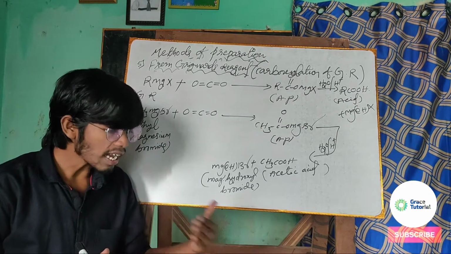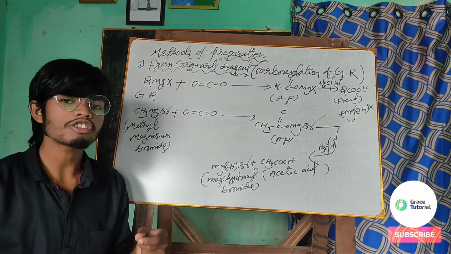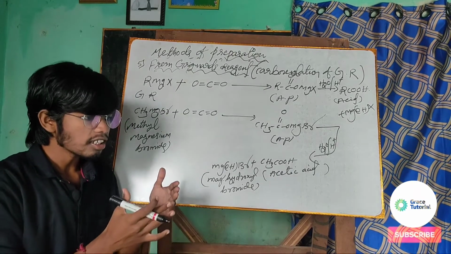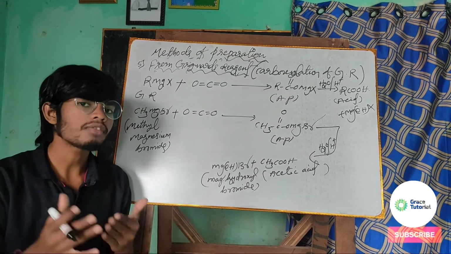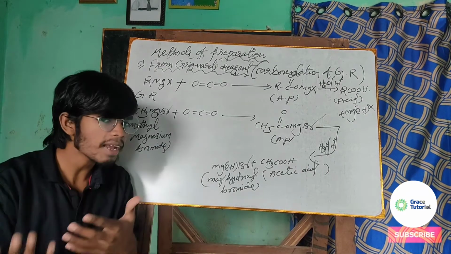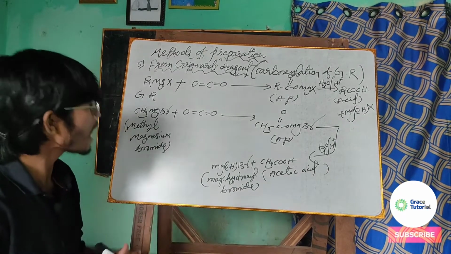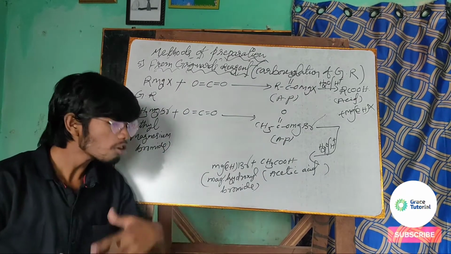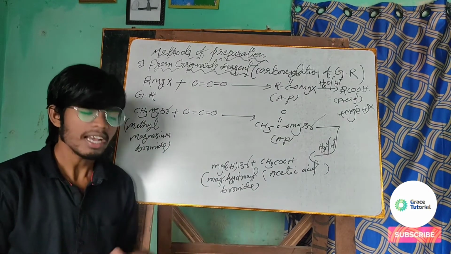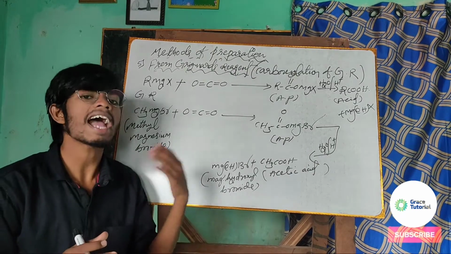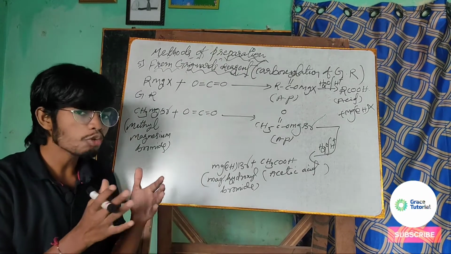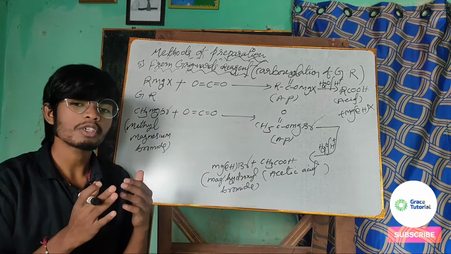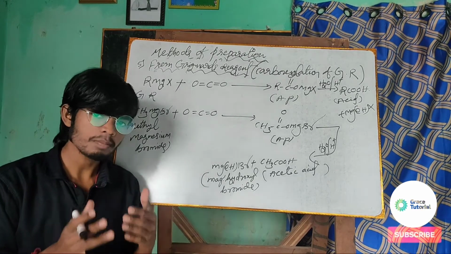If the question comes to explain any two methods of the preparation of carboxylic acids, or what happens when the Grignard's reagent reacts with carbon dioxide gas, or what happens when ester gets hydrolyzed, you need to remember these various steps, so that it will be very helpful for your examination.